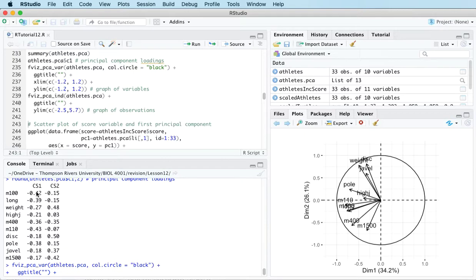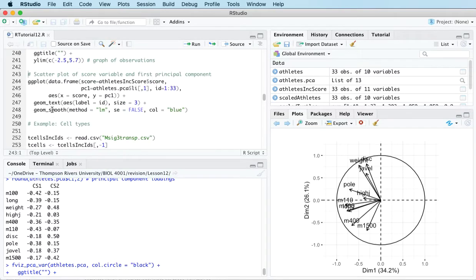If you're a decathlete at a high level, you're doing pretty well at everything, but relatively speaking, it's explaining variability between the strong athletes and the less strong athletes. And the second dimension is picking up that difference between the athletes that are doing well in the throwing events relative to the long distance running events, or vice versa.